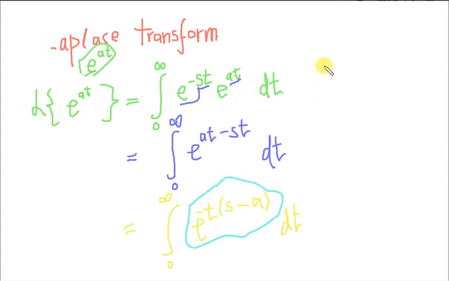The integral of this function will be 1 over s minus a, with a minus sign, and e raised to power minus t times s minus a.